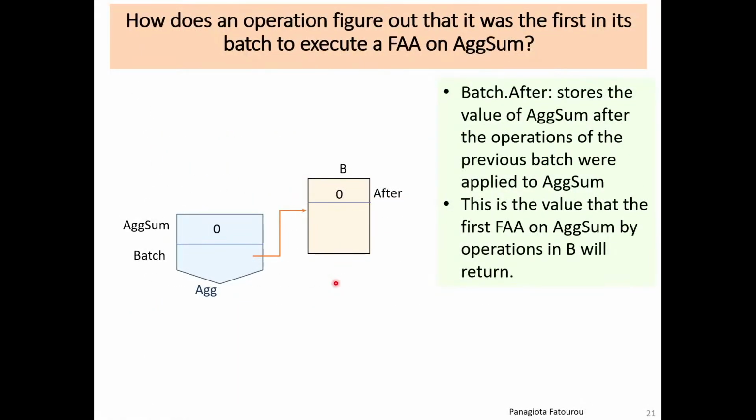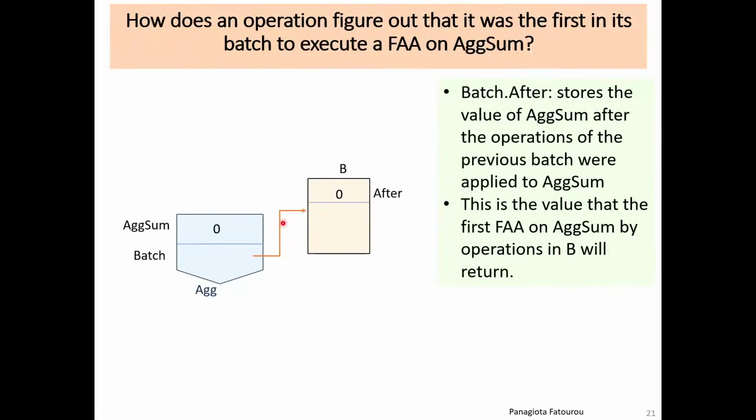I'm going to first answer the question: how does an operation figure out that it was the first in its batch to execute a hardware fetch and add on agsum, and therefore it has to act as the combiner? I'm going to have one field in each batch, called after, and it stores the value that the agsum had after the operations of the previous batch to B were applied to agsum.